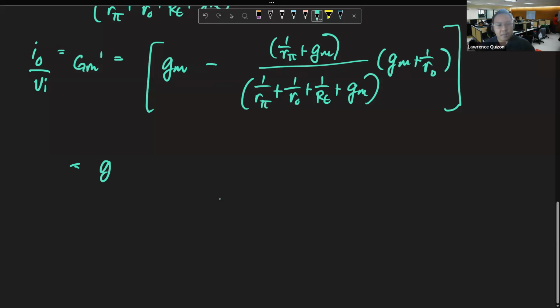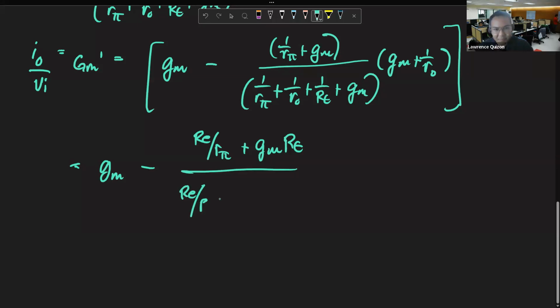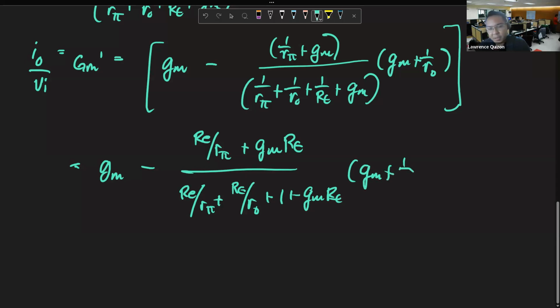Okay. So, what I'm going to do here is I'm going to multiply both sides by RE, no? So we have RE over R pi plus GM RE. Wow, nandiyan na siya. Anyway, RE over R pi plus RE over R out plus 1 plus GM RE times GM plus 1 over R out.